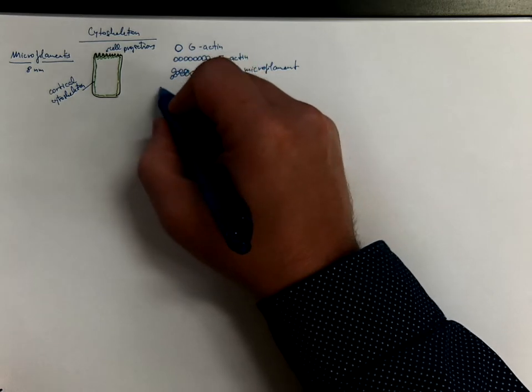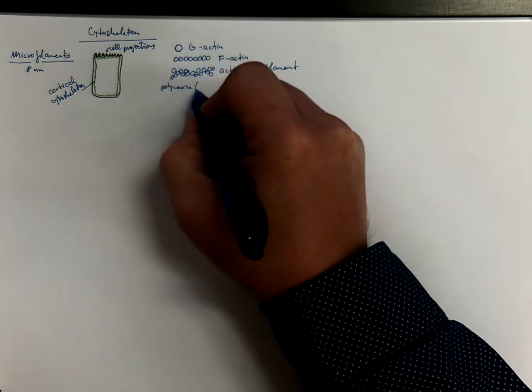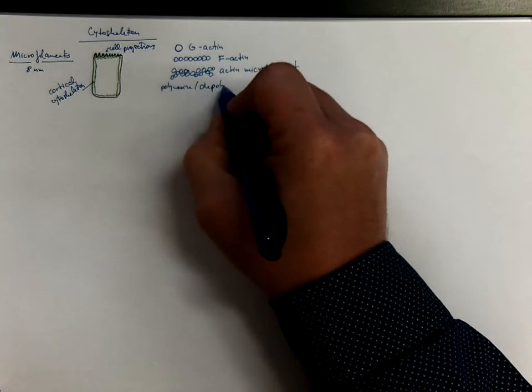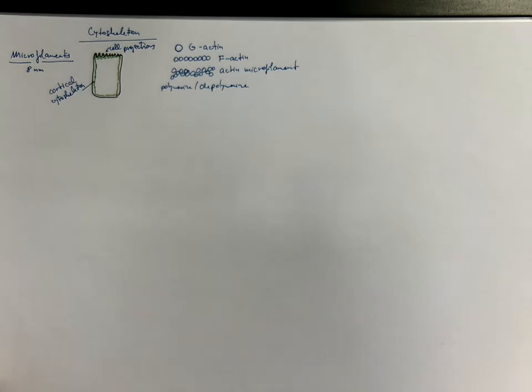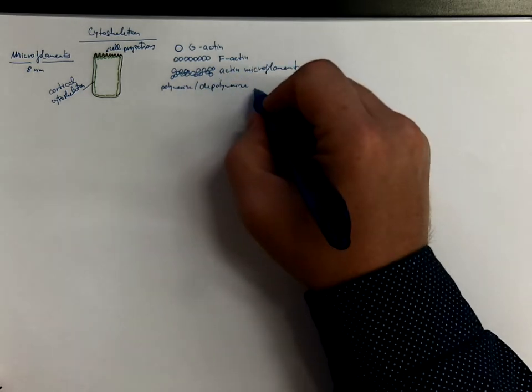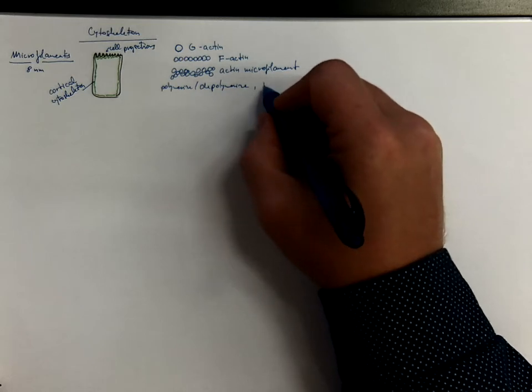They can grow or polymerize or depolymerize, and they can be reinforced by various cross-links.